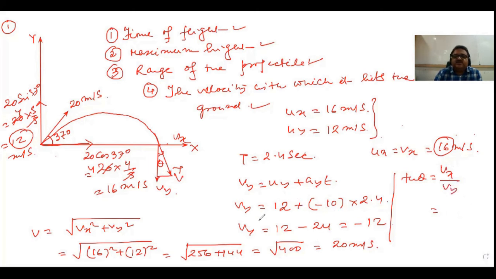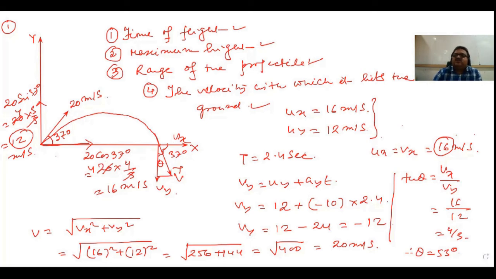Vx equal to 16 and by 12, magnitude 4 by 3, that is theta is equal to 53 degree. Okay, and if you calculate this other angle, 37 degree, that means the angle with which it is projected, it will strike the ground with the same angle. Correct? So this is a very, very interesting problem.